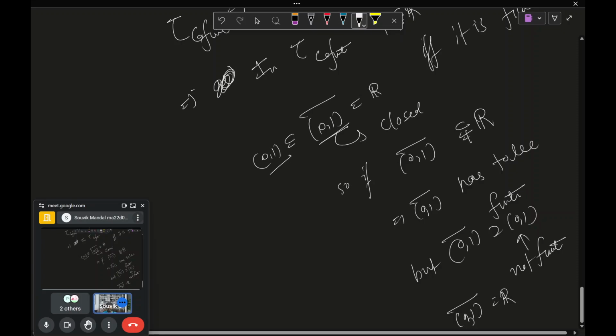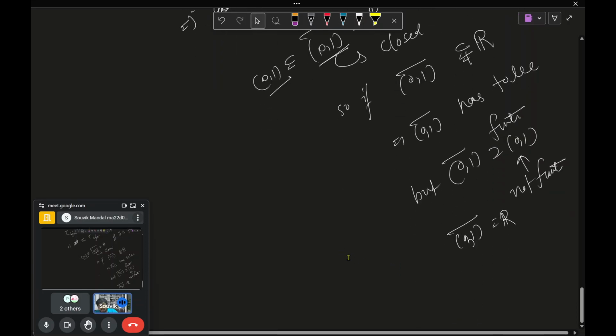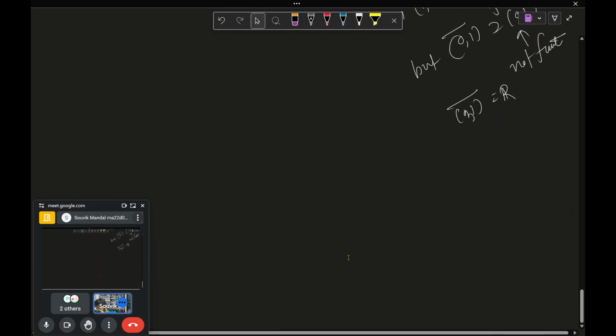Okay, I hope everybody understood that. If you have any doubt, you can unmute yourself and please ask. There is one theorem. In real analysis and in metric spaces you have seen that there is a notion of convergence of a sequence.